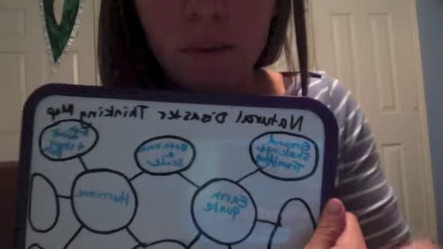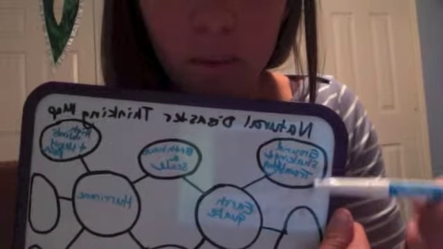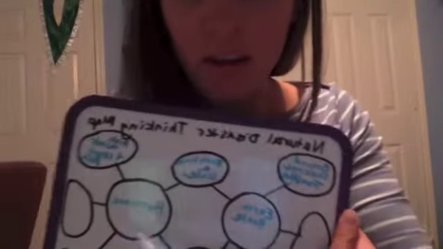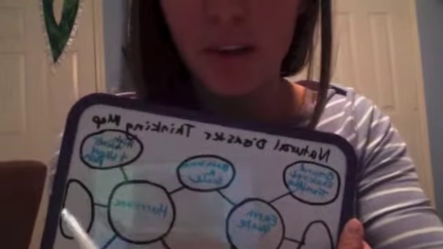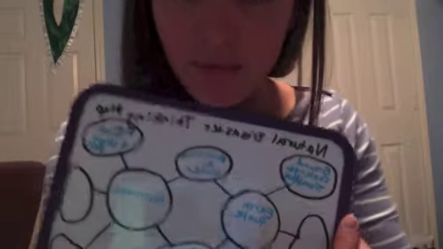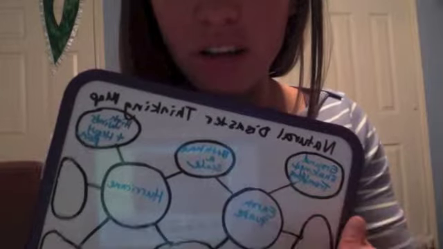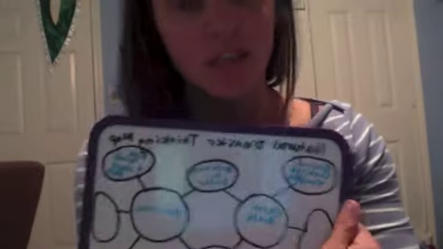Okay, so for the earthquake, we'll have 3 unique traits to the earthquake, and for the hurricane, you'll have 3 unique traits for the hurricane. The 2 bubbles that they share need to be what the 2 natural disasters have in common.